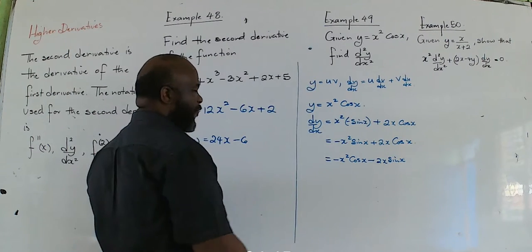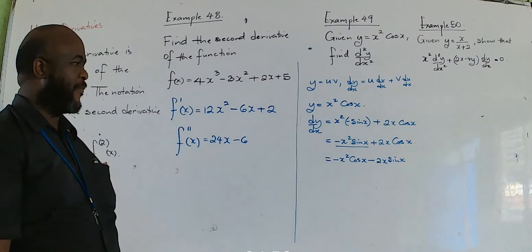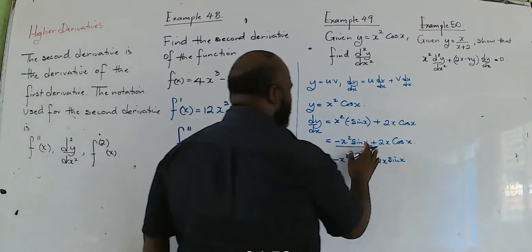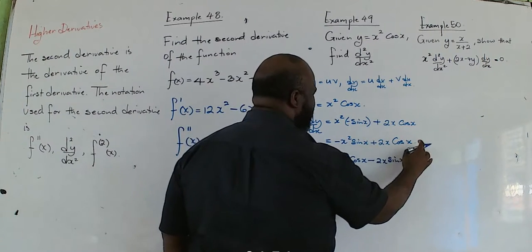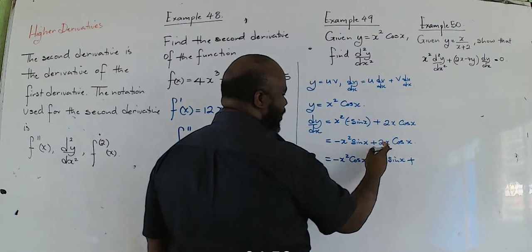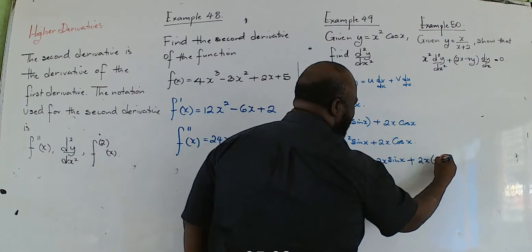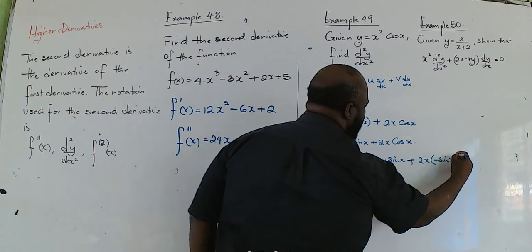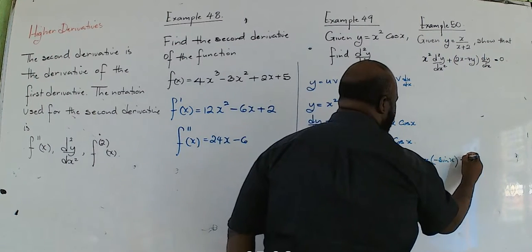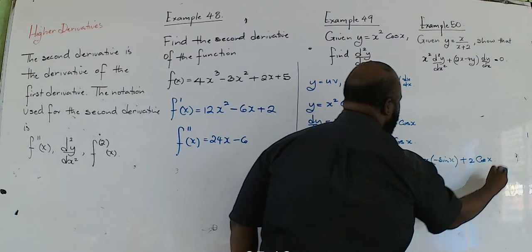So I've just differentiated minus x squared sine x. Now I'm going to differentiate 2x cos x. Applying the product rule, I'm going to leave the first, 2x, differentiate the second, minus sine x, plus differentiate the first, 2, leave the second, cosine x.